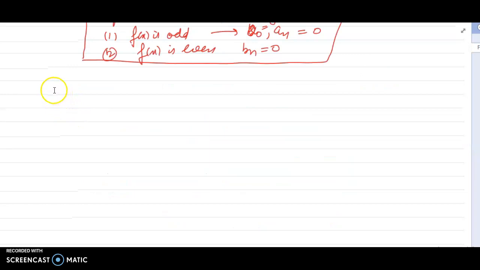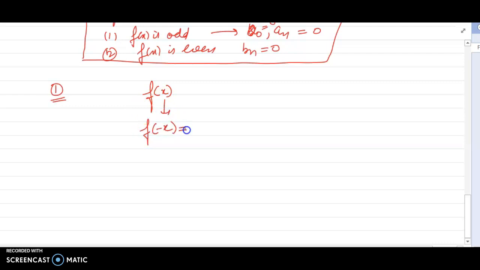Now, question over here is how we can check whether your function is even function or odd function. If f x is the given function, what we will do is replace x by minus x. If on replacing x by minus x, we are getting its result as f of x, I will say the given function is even function.